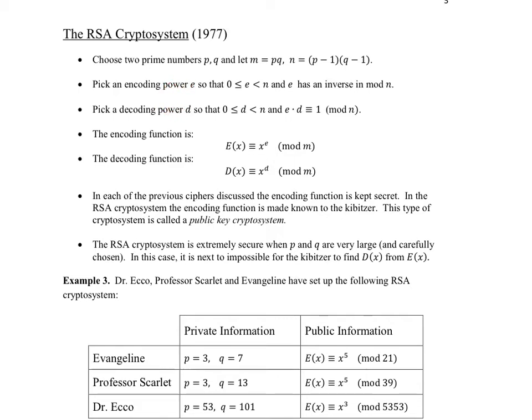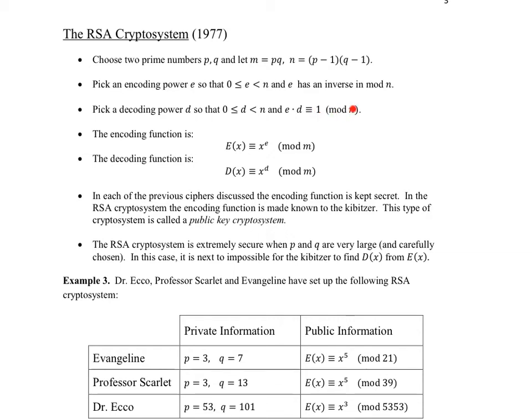So what we have to do is think mod n for these two things, and below we'll think about mod m. So mod n, we need to pick an encoding power e from 0 and then 1 less than the number n. So this e value has to have an inverse in mod n. And that inverse gives us the decoding power. And of course, the inverse e times d should be 1 in mod n.